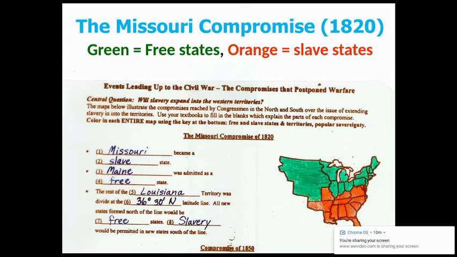Whatever color you went with, you use that. And you're going to color the slave states the color that you chose. So I went with orange, says so right up here. Feel free to pause now to give yourself a time to color.